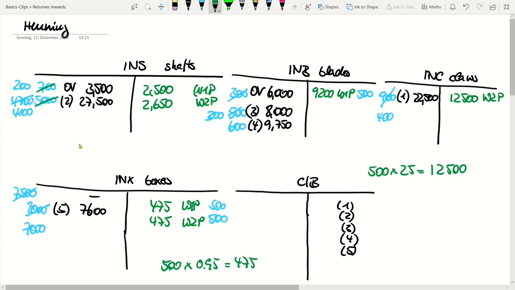For the calculation, I take 600, which I multiply with 5.50. Gives me 3,300.